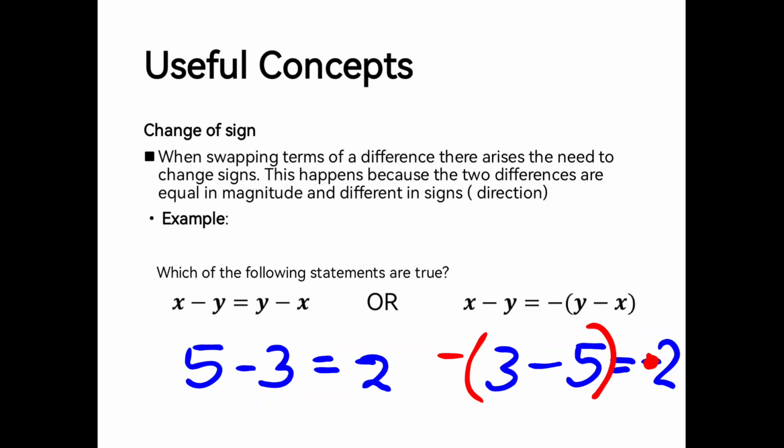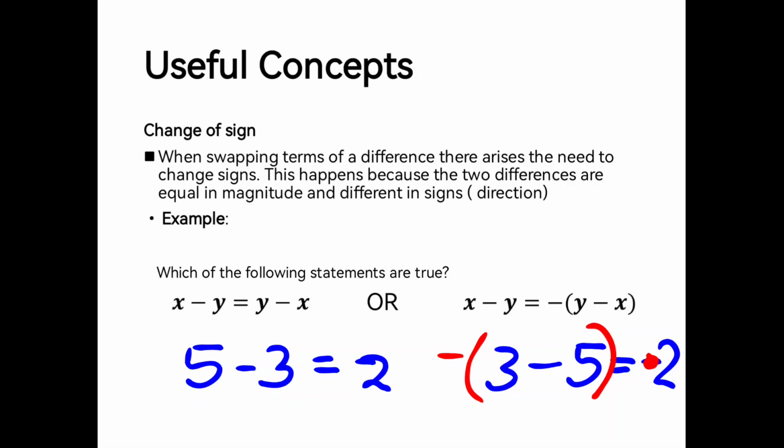So now it says to us, amongst the two statements, let's read the question. Which of the following statements are true? Now, if you look at the first one, x minus y equals y minus x, it's not possible because you could be dealing with a situation where this is a minus 2 and this is a 2. Obviously, 2 and minus 2 are not equal.